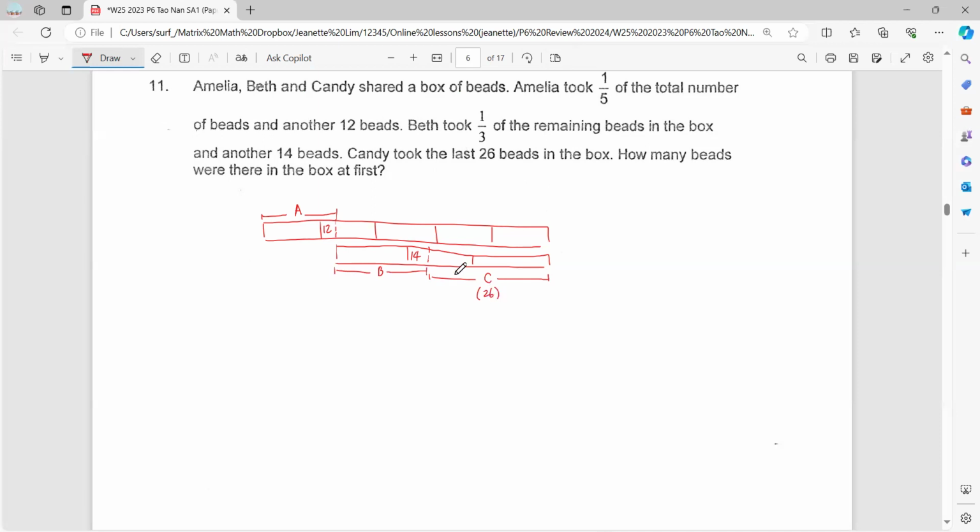So what do we do? 26 plus 14 first to get 2 units in the second model. Then since that's 2 units of the second model, we're going to divide by 2. Okay, so this is 20, then times 3 to get the remainder. So this is the remainder.